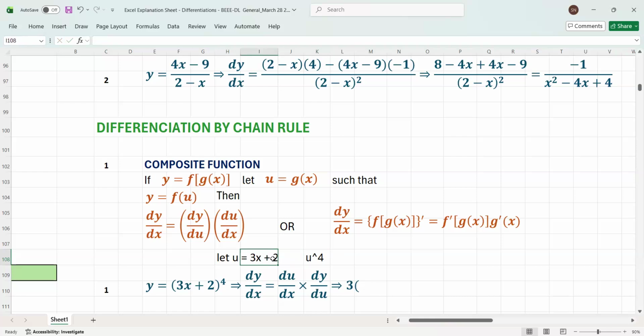If I differentiate 3x plus 2, I'll get 3. Now come and differentiate this function, u raised to the power 4. Is it not going to be a value 4, into bracket 3x plus 2, and then reduce that power by 1? So 4 minus 1 is going to give us 3.